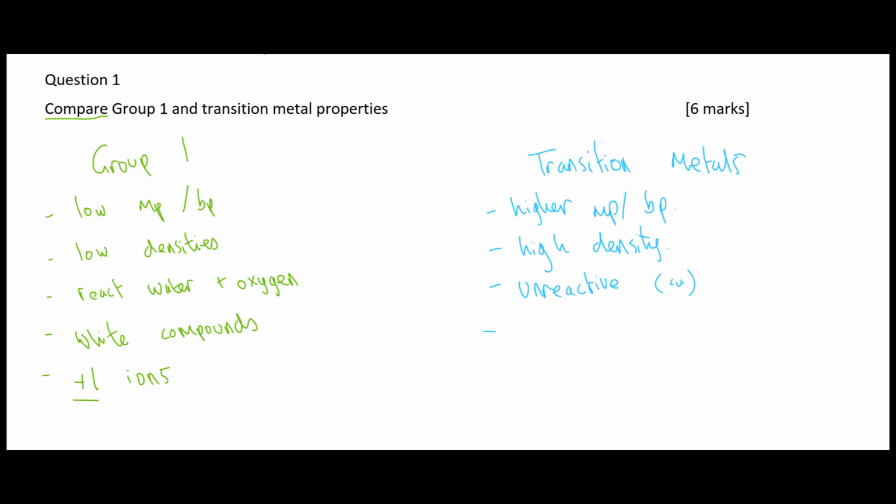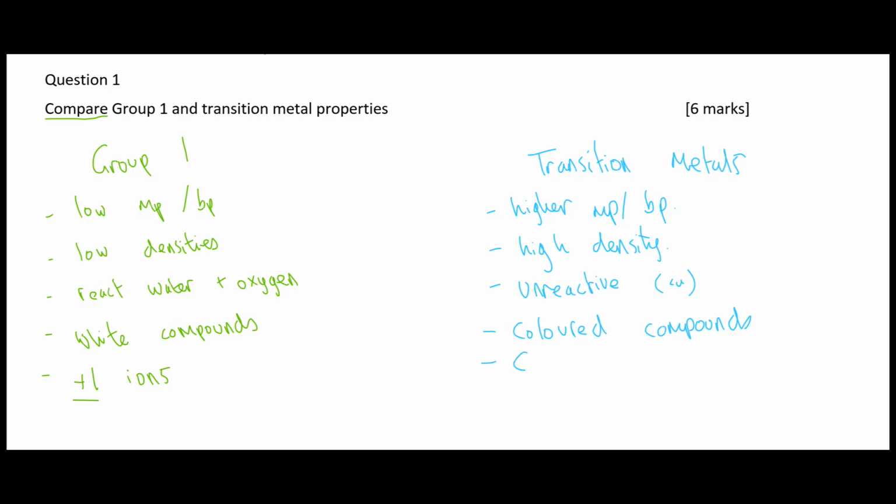Well, another property for the transition metals is that they form these colourful compounds. And you can Google some transition metal compounds and see some of the different array of colours that they produce.